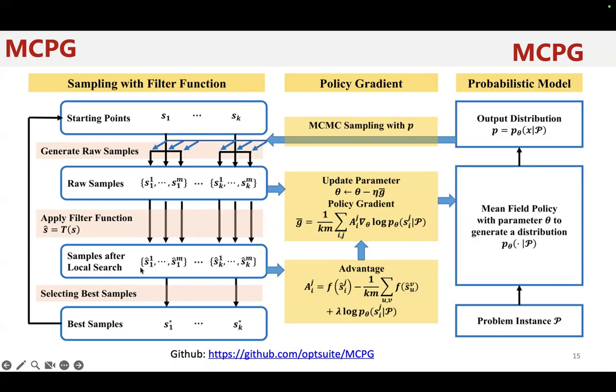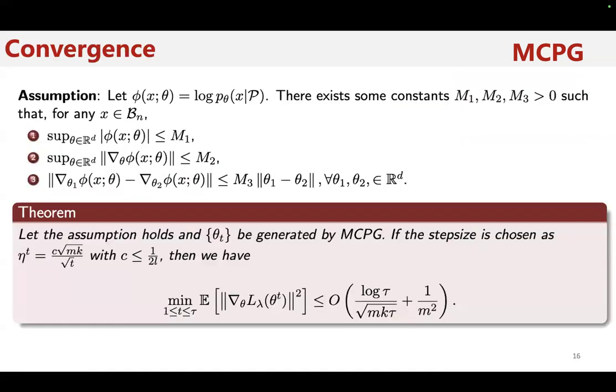And in this process, if the quality of the objective function is very promising, of course we can stop. Okay, and we can repeat this process for a few iterations. Then we can find very good solutions.